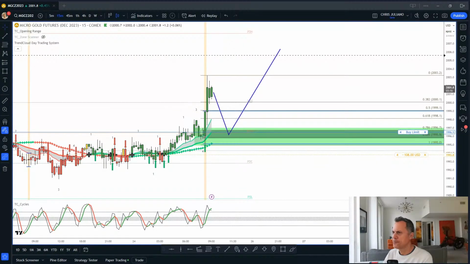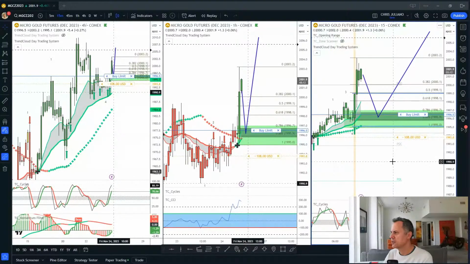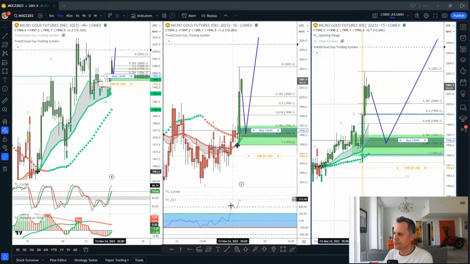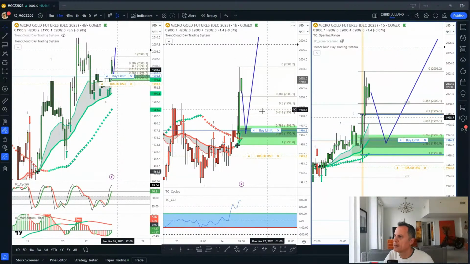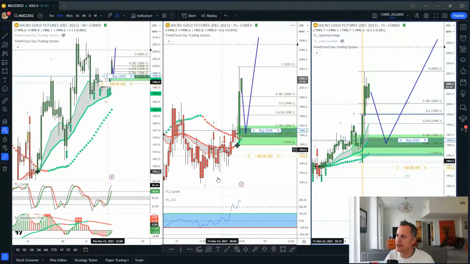Let's also take a look at momentum. So when this pulls back into this area with all this support, we've got a lot of information here saying, hey, this could hold. Why? Well, trend is up on the middle time frame.